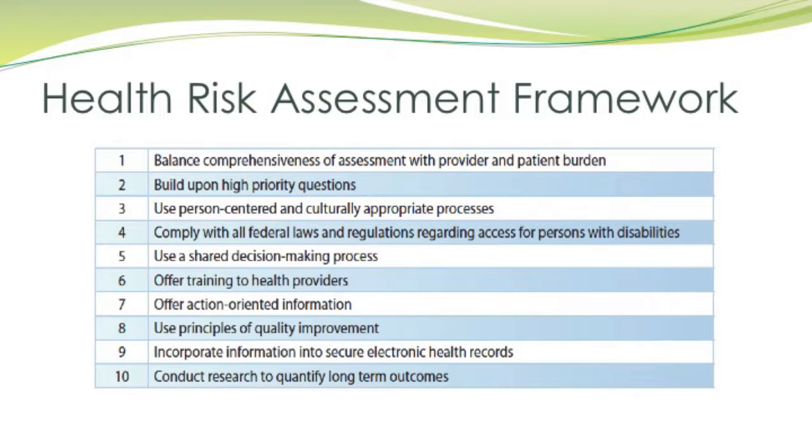It needs to be person-centered and culturally appropriate, use a shared decision-making process, offer training to healthcare providers, and offer action-oriented information. Unfortunately, this is something that doctors don't do well unless you have a tool or a system to implement this. And so this is where the solution comes in.